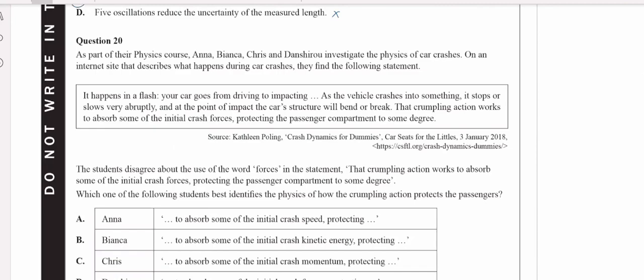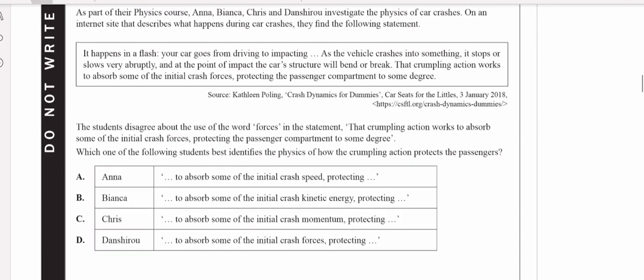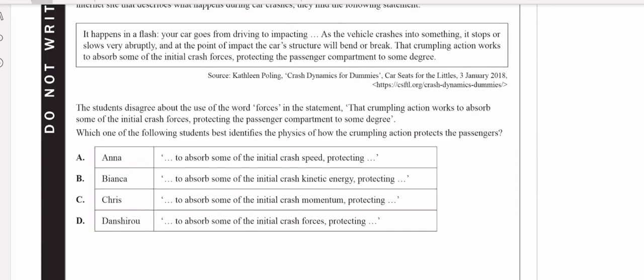As part of the physics course, Anna, Bianca, Chris, and Anshiro investigate the physics of car crashes. They say the crumpling action works to absorb some of the initial crash forces. What does the word forces in this statement mean?